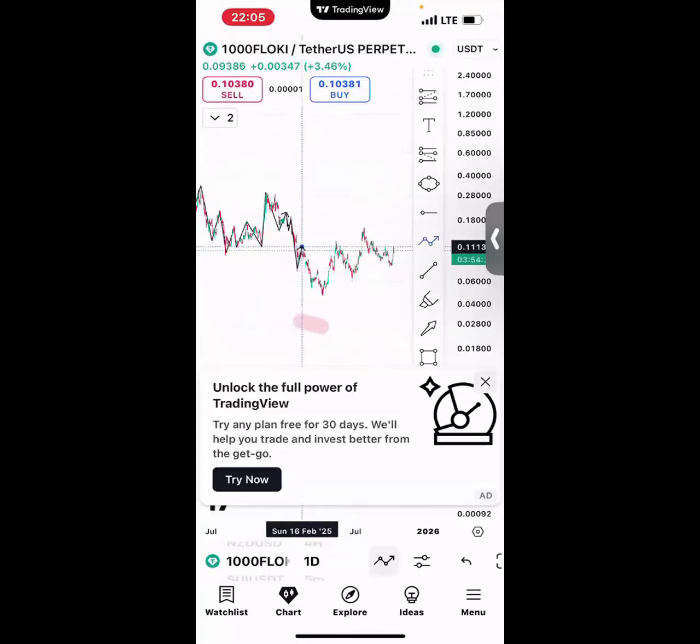In fact, we can see that this market in a higher time frame is in a downtrend right now. Then again, it has changed character because why? This lower high now has been broken with a new higher high.